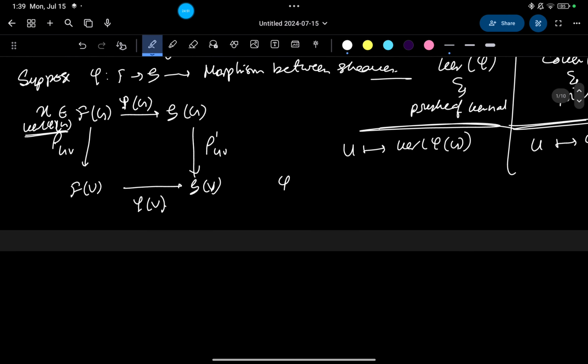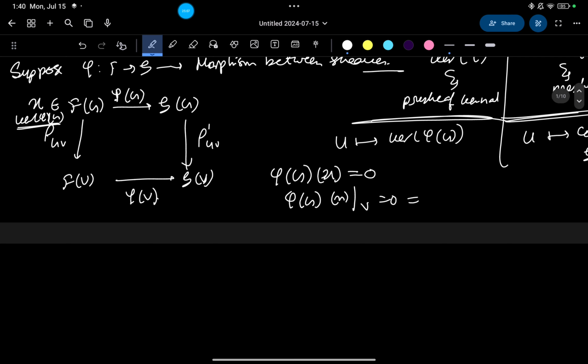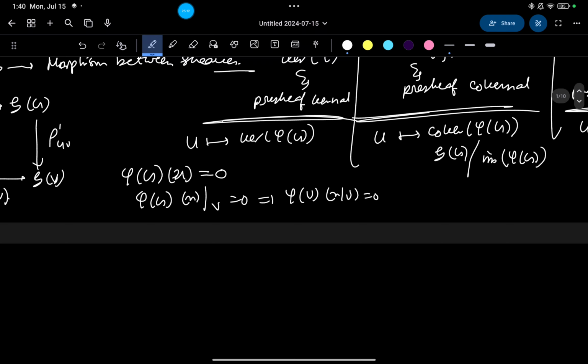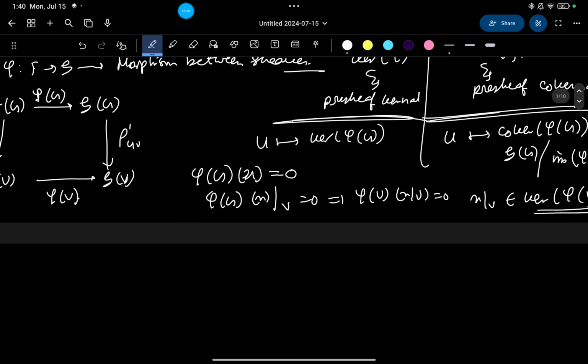Phi U of x is 0. So phi of x restricted at V is also 0, because under a group homomorphism 0 maps to 0. So what does this mean? Phi V of x restricted at V is 0. That means x restricted at V belongs to the kernel of phi V. So the usual restriction maps work.